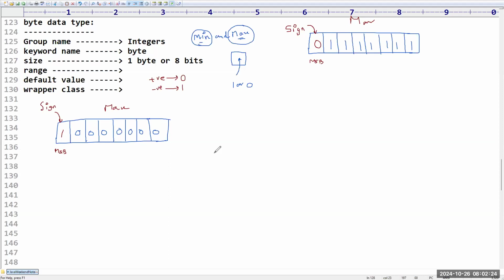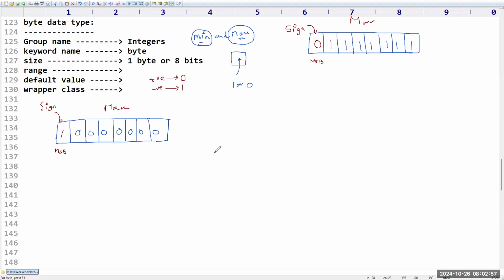If MSB bit is 0, that number is considered a positive number. If MSB bit is 1, that number is considered negative. Why have you taken these? Because of range. What is the minimum value of a byte? What is the maximum value of a byte? We need to see, because based on that only we can declare, right? That's why I will explain the real-time examples also where we are using these bytes. Up to this, any questions?